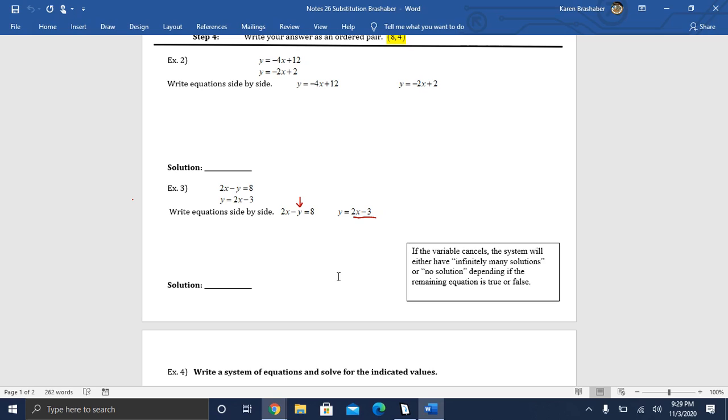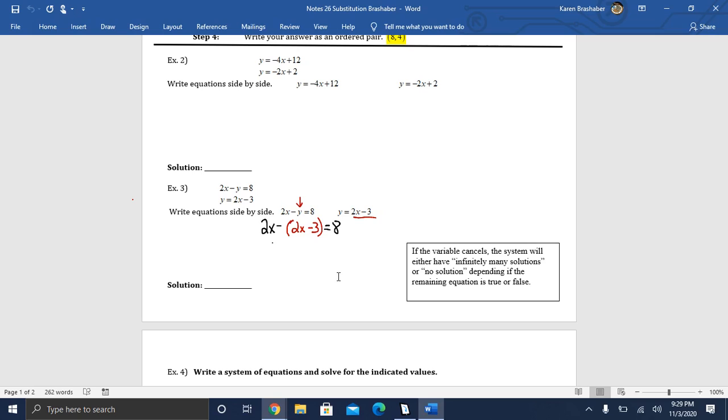So I'm going to do that now. I'll have 2x minus, now because I'm subtracting, I've got to be careful that when I substitute for the y, I use a parentheses. So 2x minus 3 is going to replace the y. And then I have the rest of my equation equals 8.